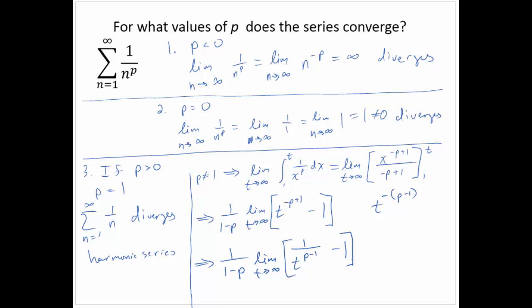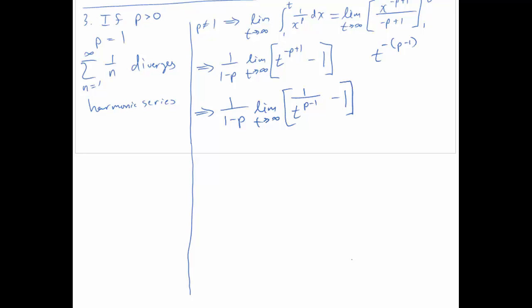Now, at this point, we have to break this up into two further cases. Our first subcase will be if p is between 0 and 1. Let's focus on this limit as t approaches infinity of 1 over t to the p minus 1, minus 1. If p is between 0 and 1, then p minus 1 will be a negative number.